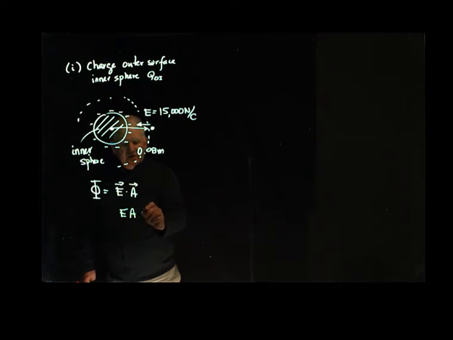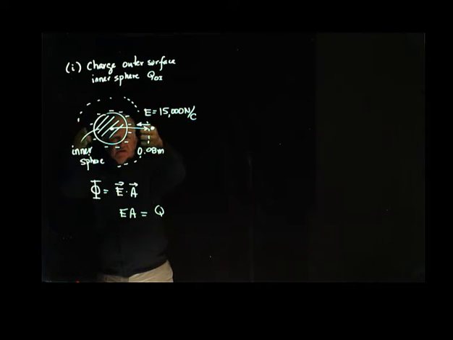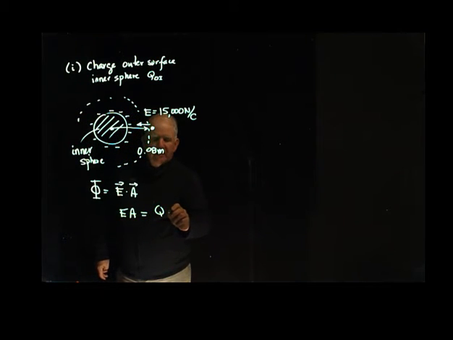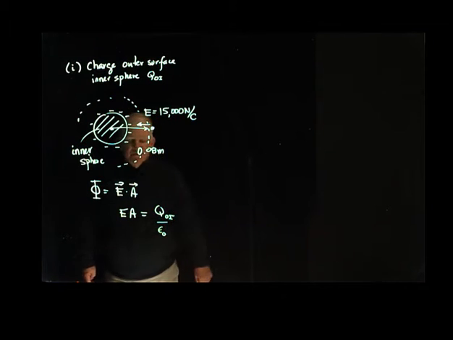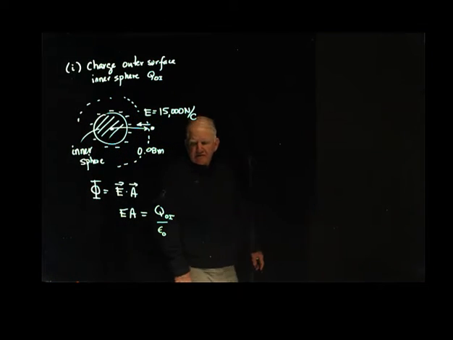And to finish off, Gauss's law says that that's equal to the charge inside, and the only charge inside this sphere is the charge residing on the outside of this actual conductor, Q_0I. And the constant of proportionality is the permittivity of free space.